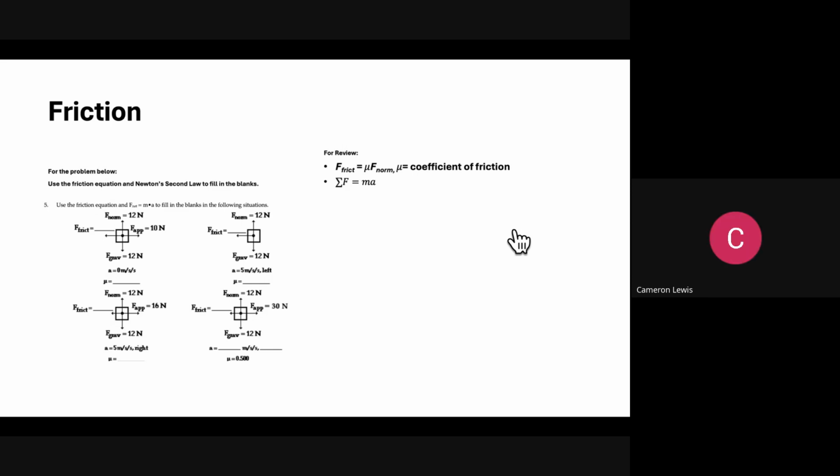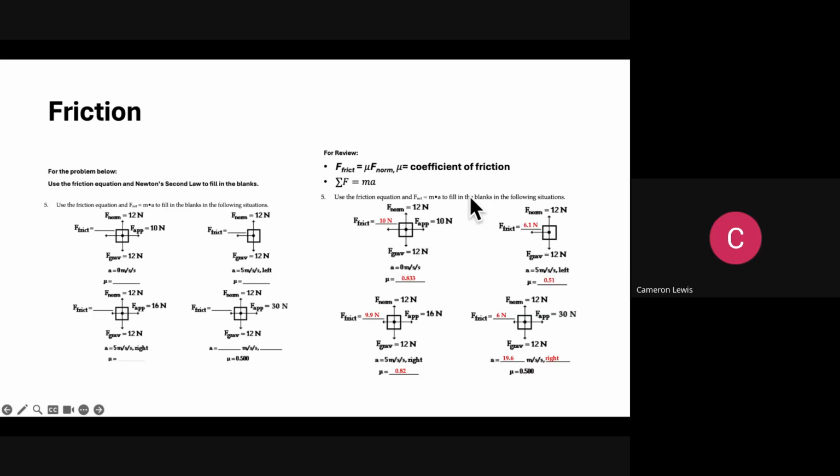And now I need a direction. It'd be going towards the right, because the applied force is bigger.